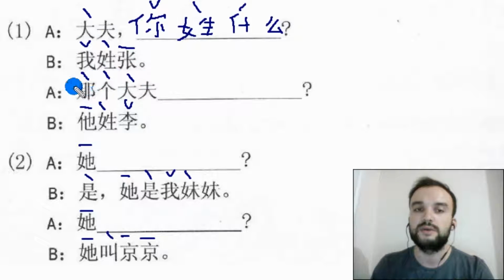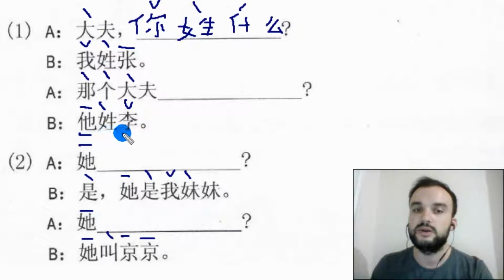哪个大夫? That doctor. And we ask a question about that doctor. So look at the answer. 他姓李. So here, look at the subject. 他. So that doctor is male. So here we use 他, he. 姓李.